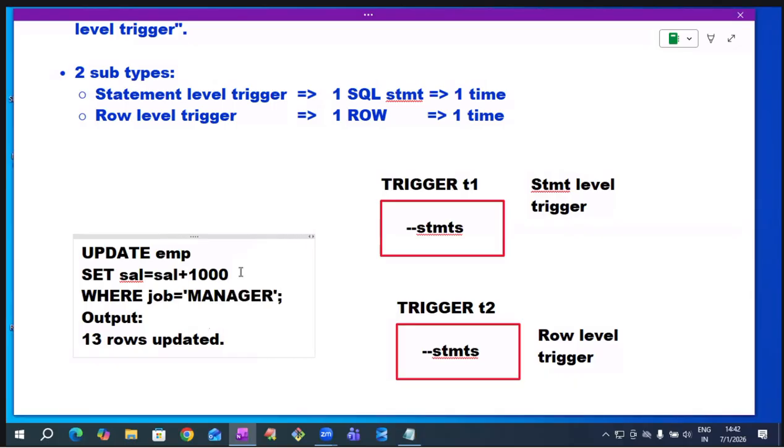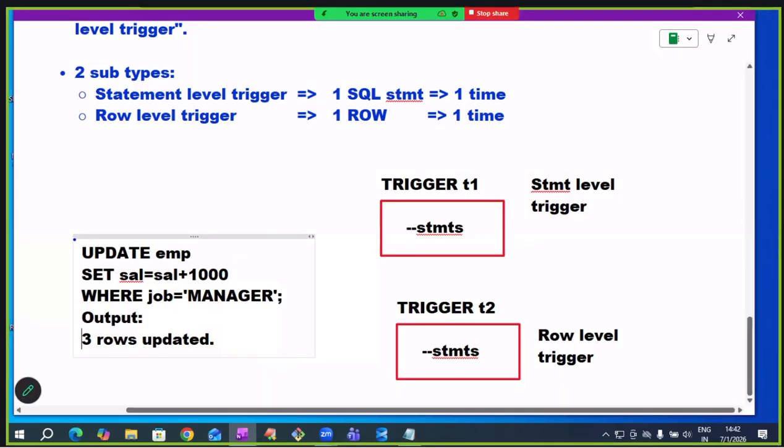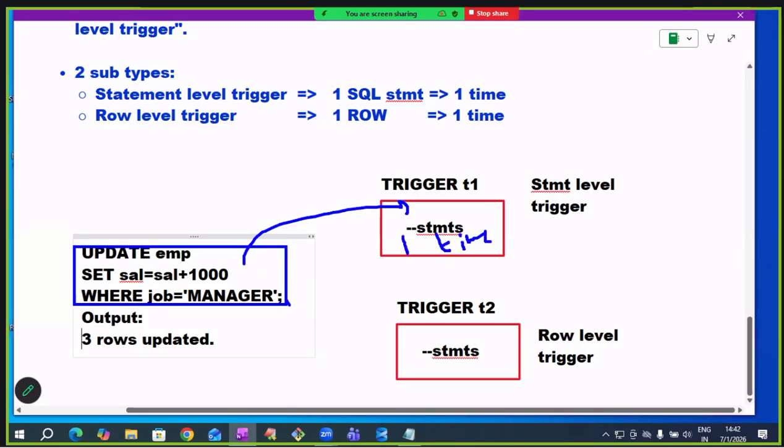Assume that 3 managers are there, so 3 rows updated here. Now, how many times will this statement level trigger be executed? How many times will this row level trigger be executed? For every row, one time. That's it.